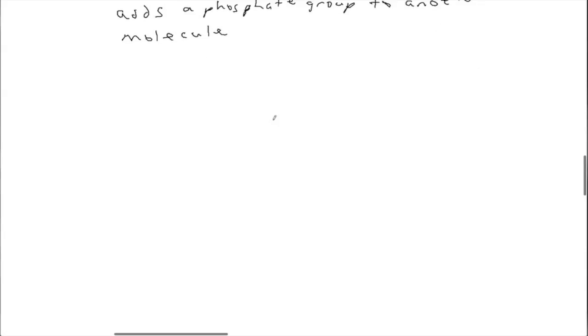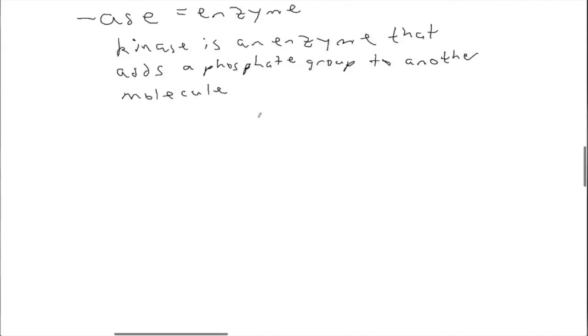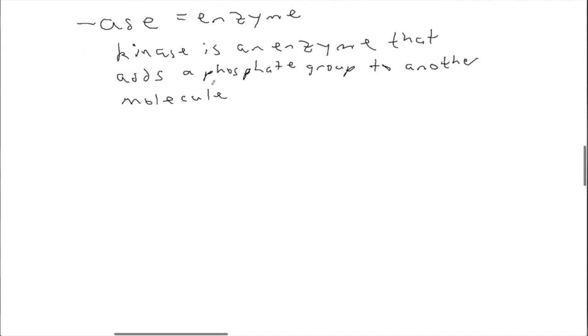So when something ends in "ase," what types of molecules end in "ase"? An enzyme. That's right. What's a kinase? Let's be more specific. A kinase adds a phosphate group to another molecule.